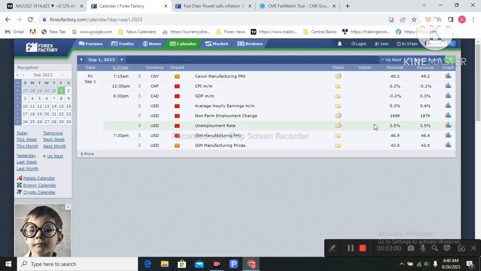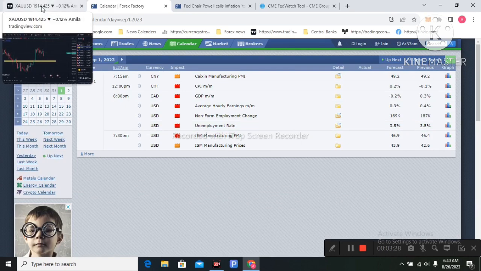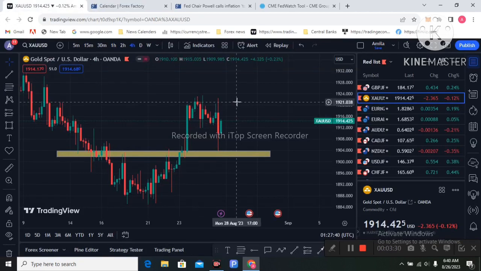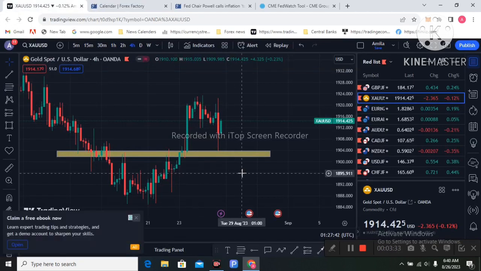You will also deal with the unemployment rate at 3.5 and average hourly earnings. If non-farm employment change increases to about 200, that means dollar demand and gold drops. That's my expectation. So let's move to the technical analysis for your next week trading.